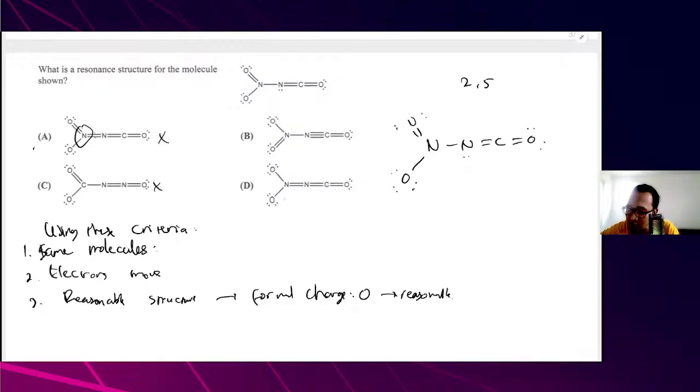This one makes sense because N will be something like this, and this is an X. I just put X in here. This is for option D first.